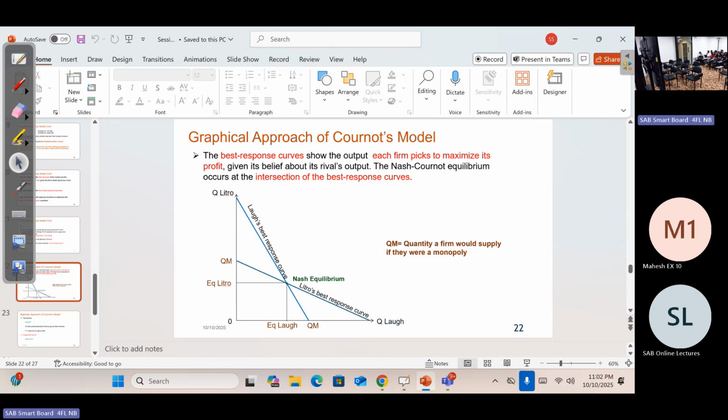Marginal revenue equals marginal cost happens here. This is their price. If the average cost goes like here, then this part is their profit. If the average cost goes here, this part is their loss. They can even make normal profit also.